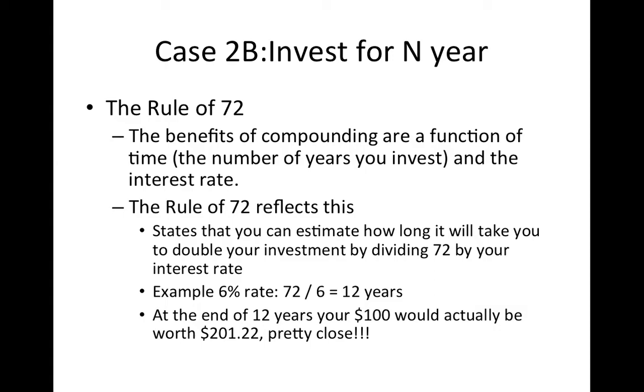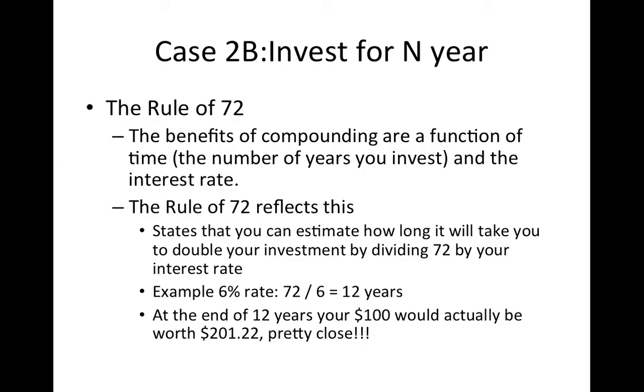So for example, let's say that you have an interest rate of 6%. You divide 72 by 6%, you get 12 years. And so ideally, if you invested some money at 6%, then by 10 years or 12 years out, it should have pretty much doubled. So you can check that using the formulas we used before and see that at the end of 12 years, your $100 would be worth about $201.22.